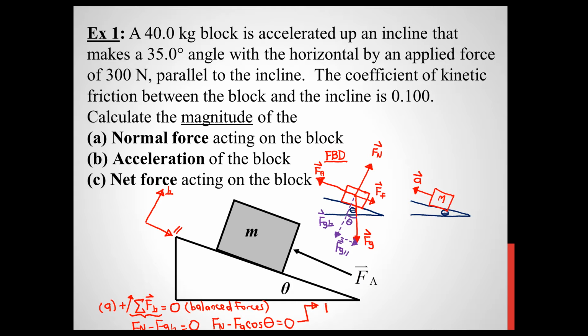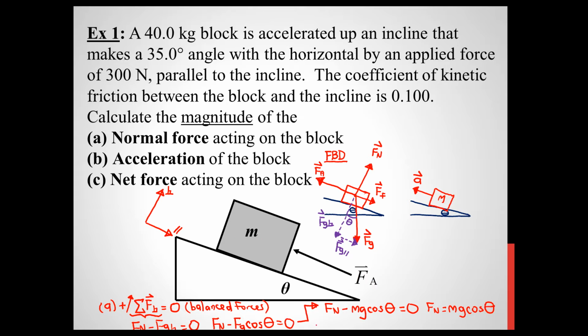So this would become Fn subtract, Fg is just m times g, so you'd have mg cosine theta, and that is equal to 0. If we isolate for Fn, it would be Fn is equal to mg cosine theta.